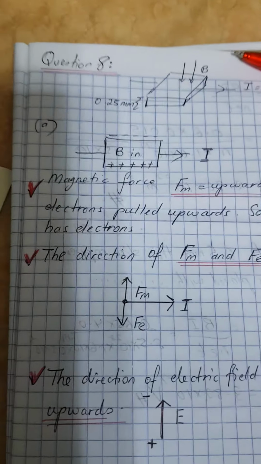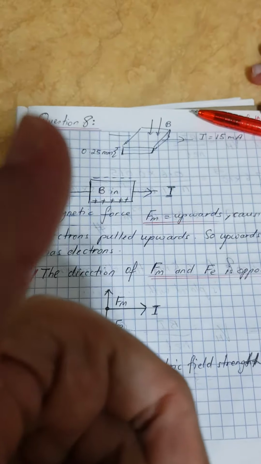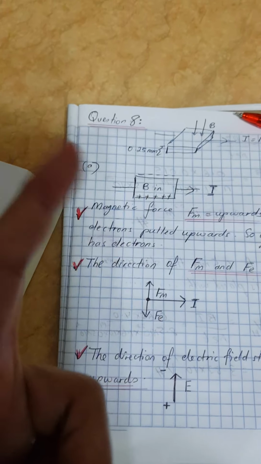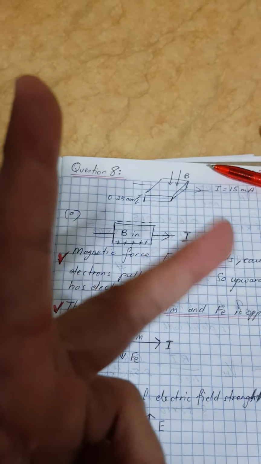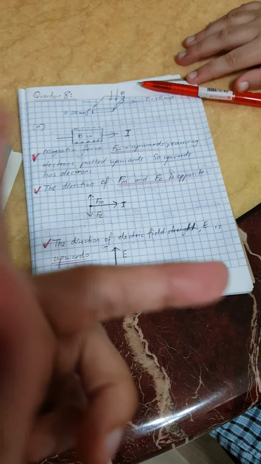So teacher is going to show you here. Can you see this? The top finger, my thumb, is force. The second finger is magnetic field. The third finger is current. Fleming's left hand rule. The second finger is B going in, current going right.